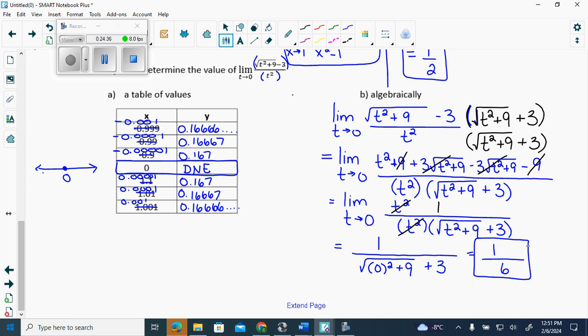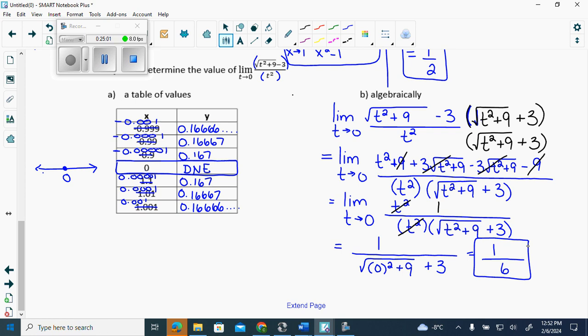Type 1 divided by 6 in your calculator. 0.16666. Right? Make sense? So it's what we're getting closer and closer to on the left and right. It doesn't mean it's what the value is at that value. And we know it's not, because at 0, we actually have nothing. There is a gap in this graph at 0.